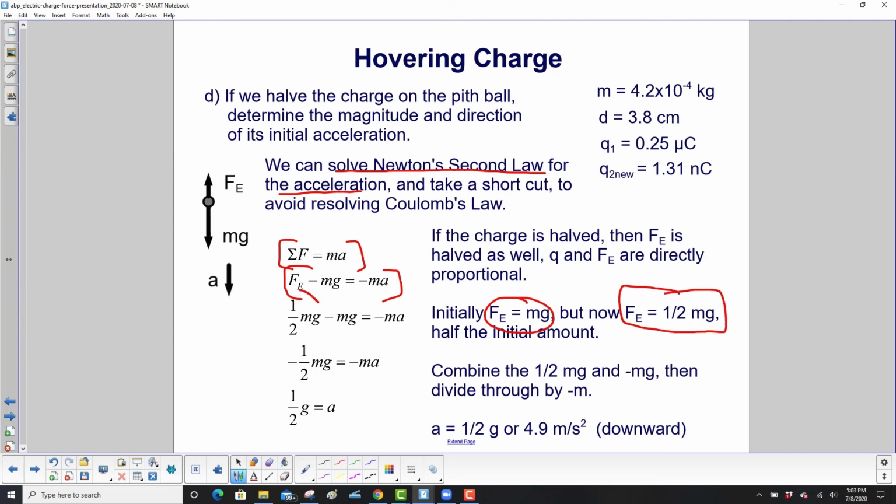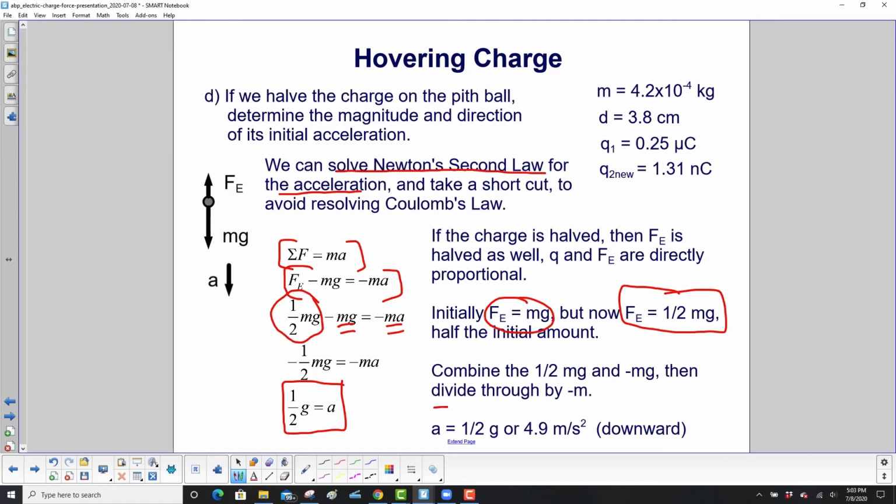So look what we put in for the electric force. 1/2 mg, then minus gravity's force here equals minus ma. Isn't this a lot easier? We subtract, we get minus 1/2 mg is minus ma, and we find that the acceleration is 1/2 g. And we've got it pointing in the down direction, so that's pretty good.